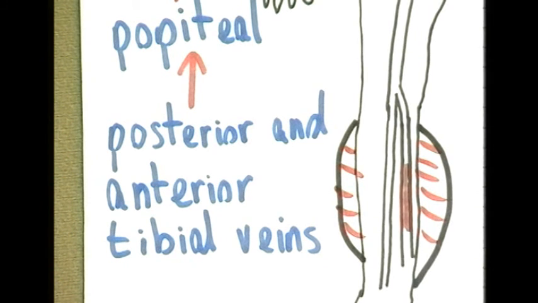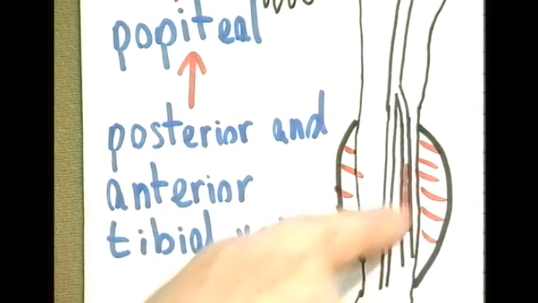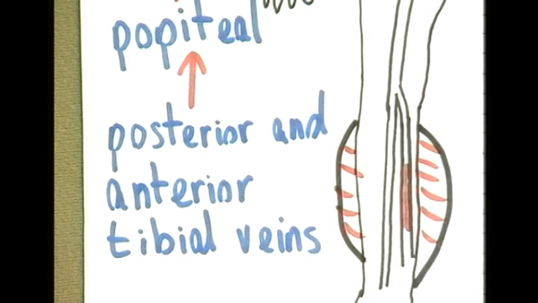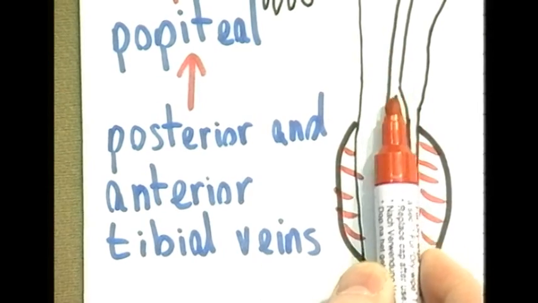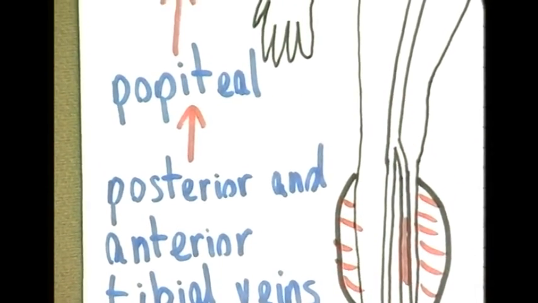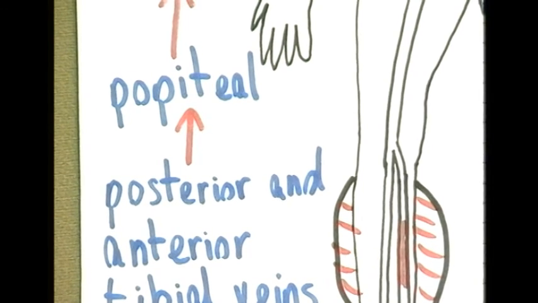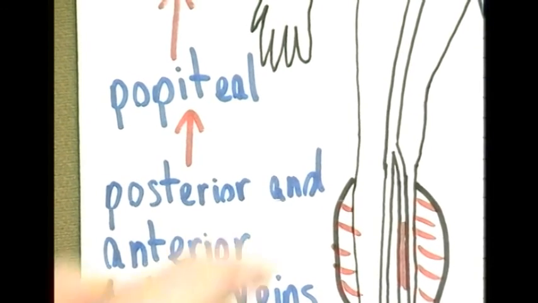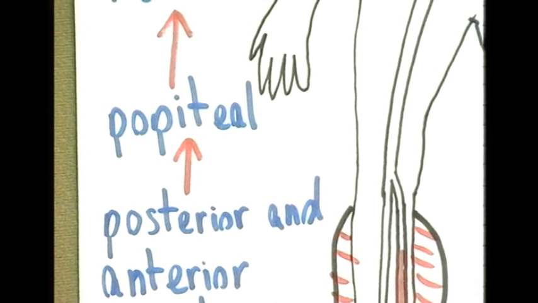So, for example, this could occur in the posterior or the anterior tibial veins, down in the lower part of the leg. And if part of this blood clot breaks off, it'll go higher up into the back of the knee here, into the popliteal vein. Or there again, of course, the blood clot could form higher up. It could form in the popliteal or higher up, but it depends where it forms.